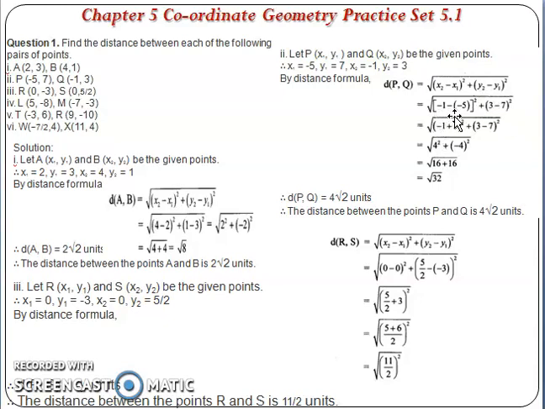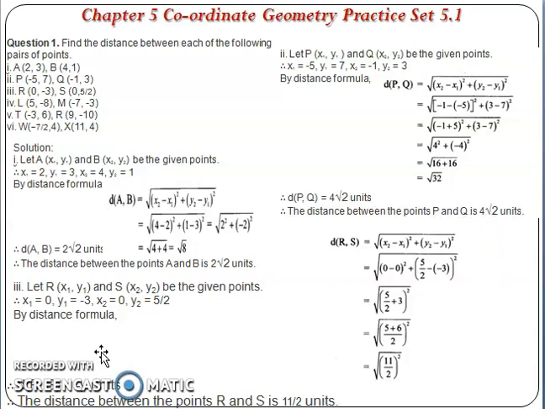Then minus 1 minus of minus 5 whole square plus 3 minus 7 whole square. So minus 1 plus 5 whole square plus 3 minus 7 whole square. So 4 square plus (minus 4) whole square. So 16 plus 16, that is root of 32. So distance PQ equals 4 root 2 units. So the distance between points P and Q is 4 root 2 units.